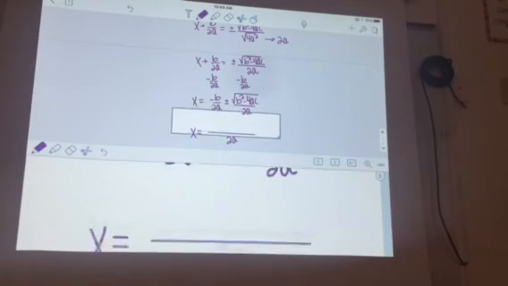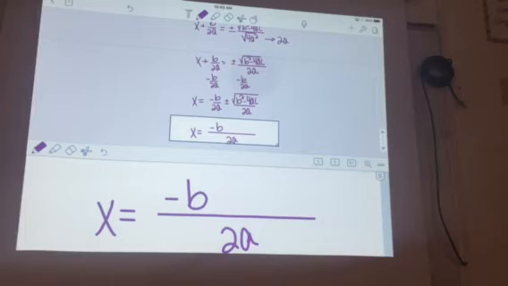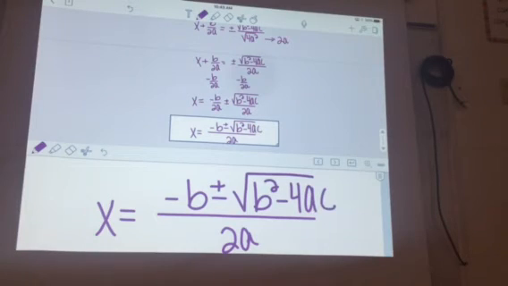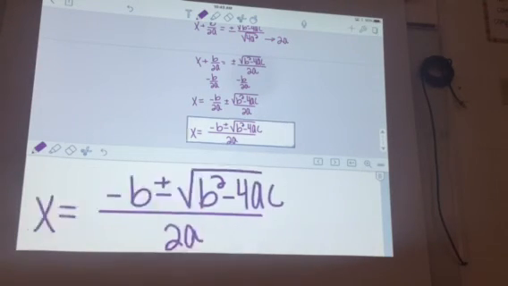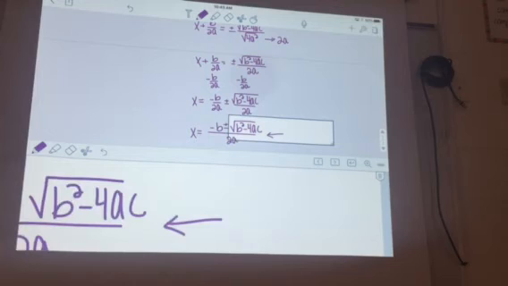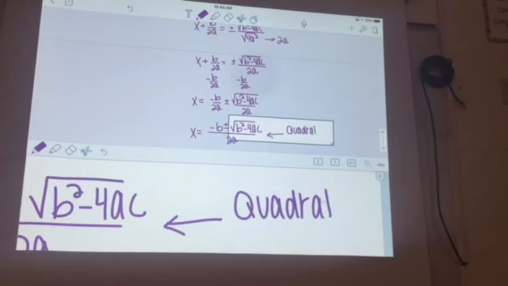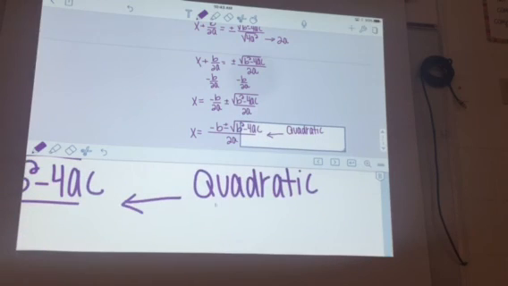And in the numerator, I've got the negative b plus or minus square root of b squared minus 4ac. And that's it. That's the quadratic formula. You could use that now to solve any quadratic equation there is. It may not always be the most convenient method, but it is a method.